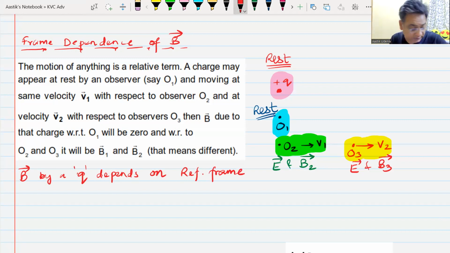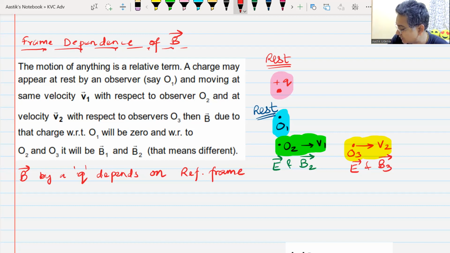A charge, whether it produces an electrostatic or magnetic field, is going to produce electrostatic field in all the cases. Whether you see a magnetic field or not depends on your frame of reference. Do we understand this? Yes, sir.